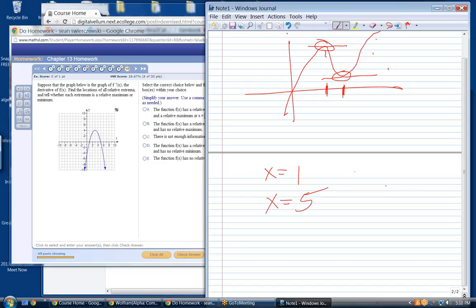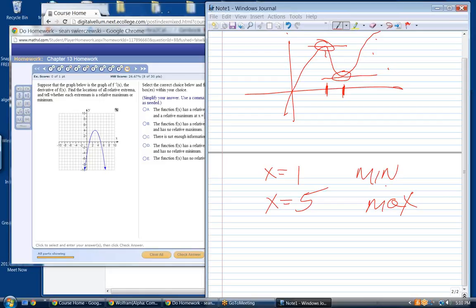So x is a minimum, and at 5 it decreases, so that has to be a local maximum. Now, there's what's called the first derivative test, and the first derivative test says that if it goes from negative to positive on the 0, then that's a minimum. If it goes from positive to negative, that's a maximum.